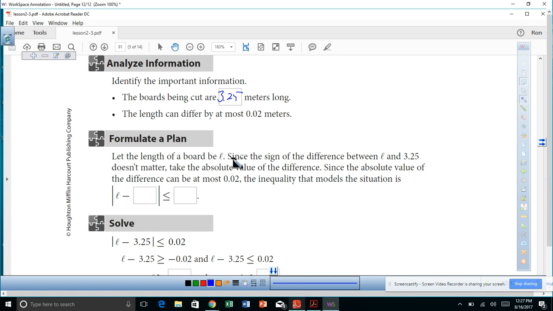Let the length of the board be L. Since the sign of the difference between L and 3.25 doesn't matter, take the absolute value of the difference. Since the absolute value of the difference can be at most 0.02, the inequality that models the situation is the absolute value of L minus 3.25 is less than or equal to 0.02.